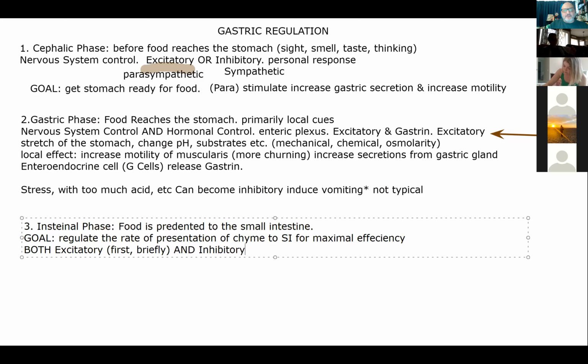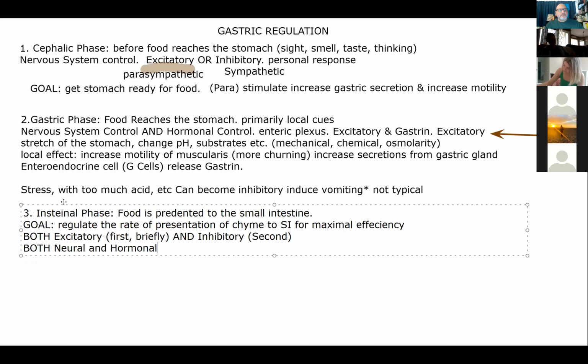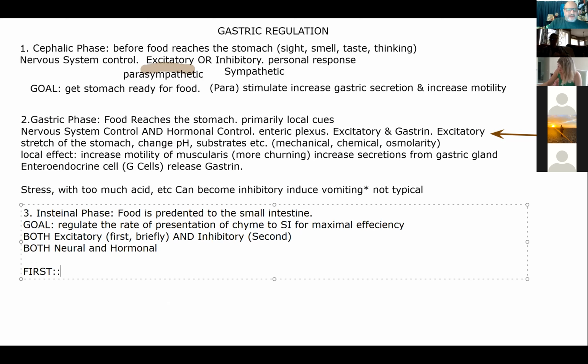And then it is going to be inhibitory second. And when it comes to how we control this, it is also going to be both neural and hormonal. So let's start first with the excitation.